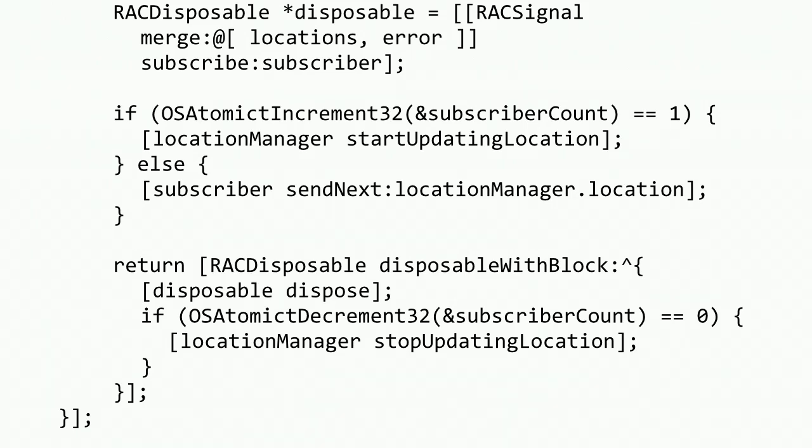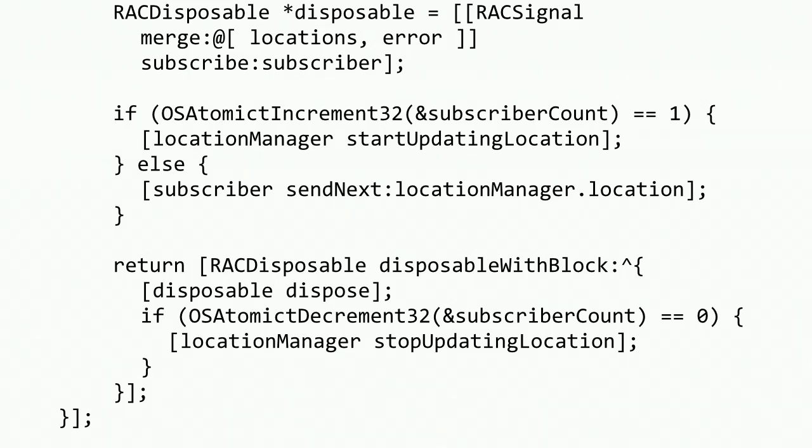So before I showed you there was a subscriber count variable, and basically we're going to increment that atomically and decrement it atomically to keep track of how many subscribers we have. The first time, once we get to 1, we need to tell the location manager to start updating. Subsequent times, all we're going to do is send the current value on the location manager to the subscriber. Basically a cached value for us on location manager.